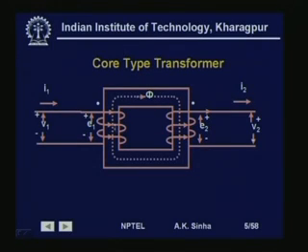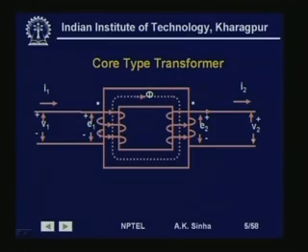Here we are seeing that all the flux is going through the core, but we will find that some flux may follow a path on this side like this, and similarly here. That is, some of the flux is not going to link the other winding. This kind of flux we call the leakage flux.